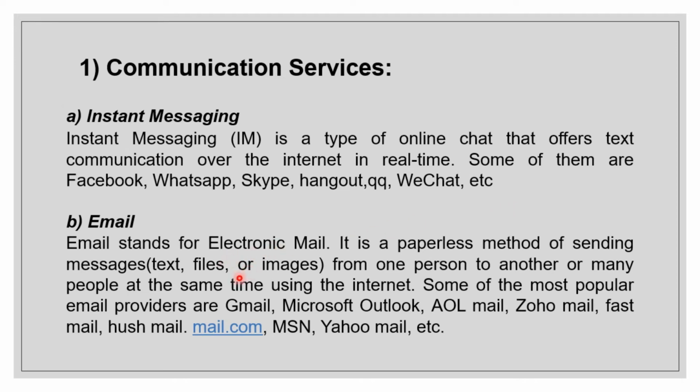Email. Email stands for electronic mail. It is a paperless method of sending messages from one person to another or many people at the same time using the Internet. So examples are Gmail, Outlook, AOL, Yahoo Mail, MSN, and a lot more.